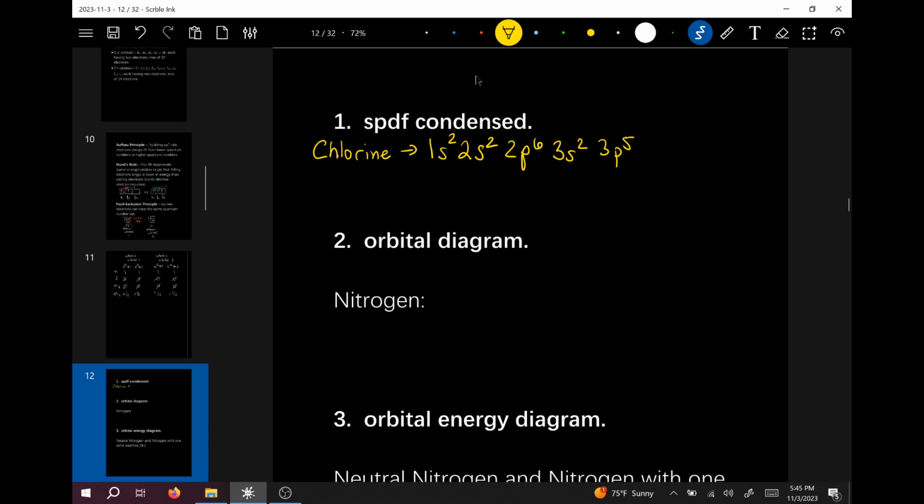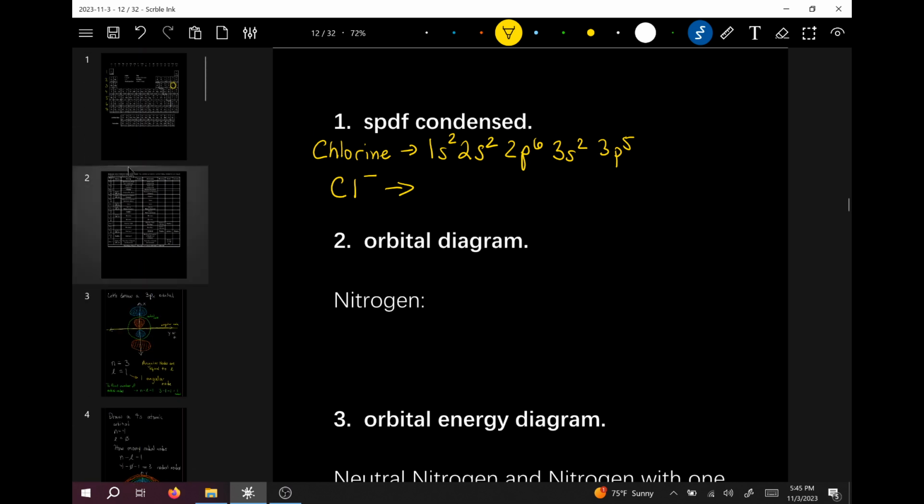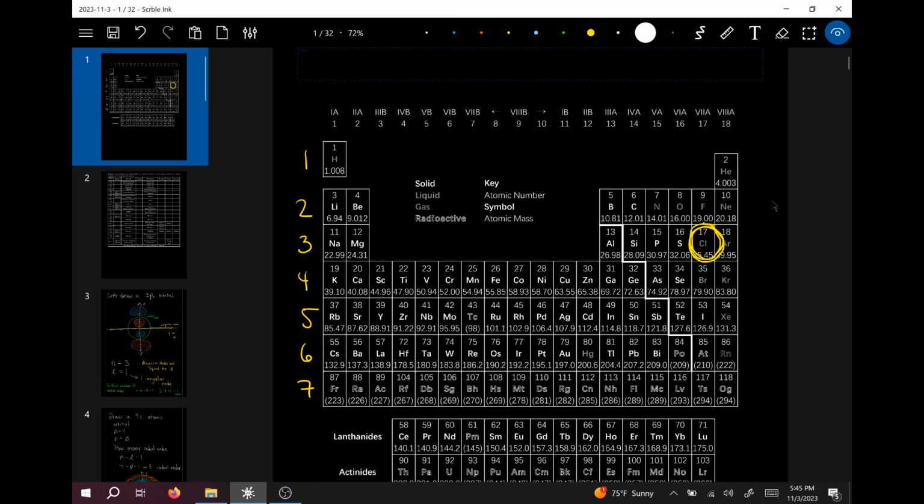Now, let's say that I'm going to add an electron to this. So instead of having a chlorine atom that's neutral, let's say I have a chloride ion. What's the electron configuration for a chloride ion? Well, if I go back to my periodic table, chlorine has 17 electrons when it's neutral, but if it has one more electron, then it'll have 18 electrons.